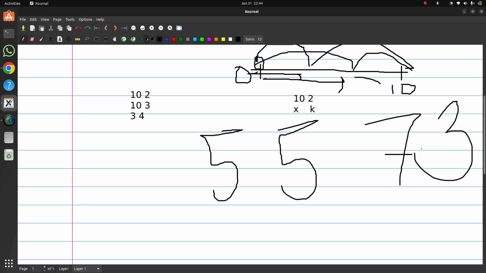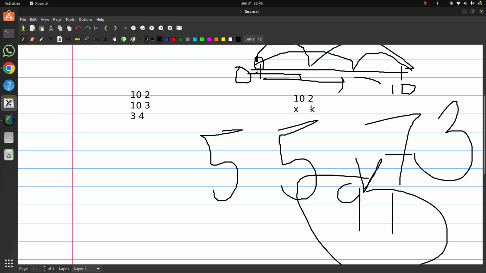Another solution could be 9 and 1. 9 is not divisible by 2 and 1 is also not divisible by 2. We will try to find this kind of answer for every test case.